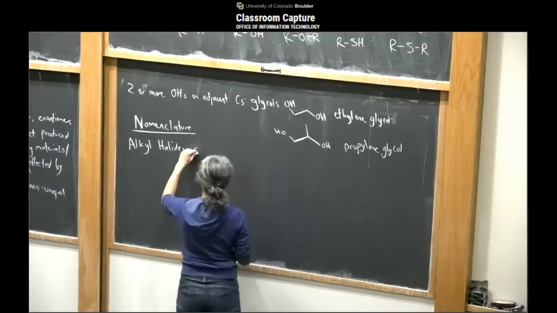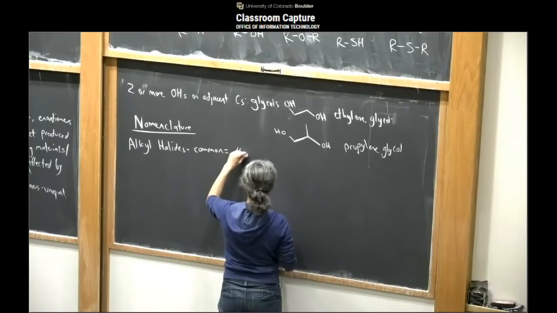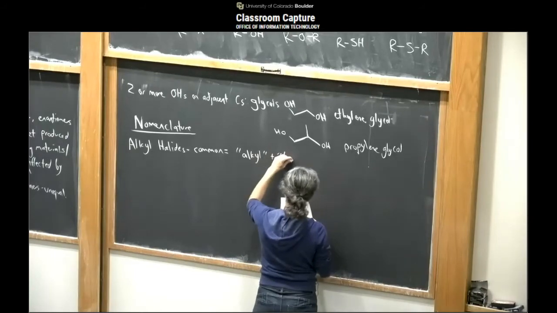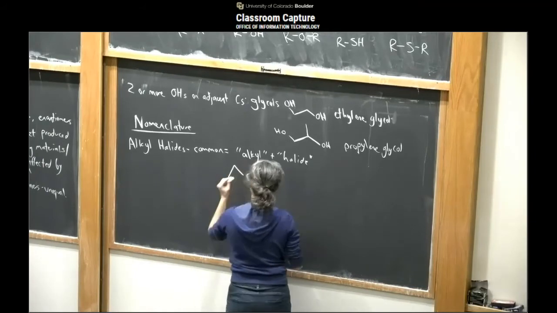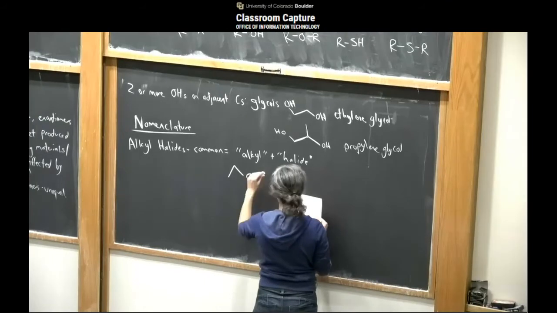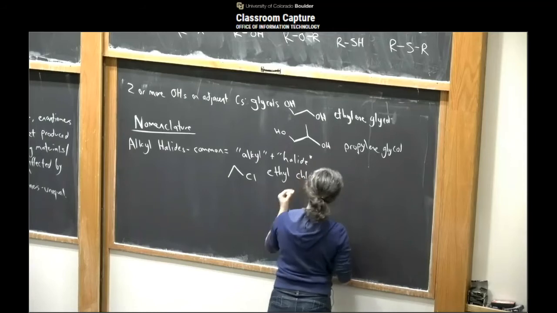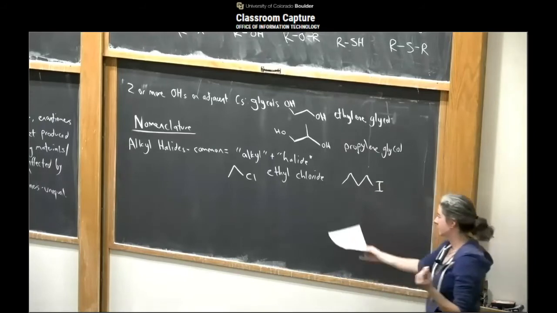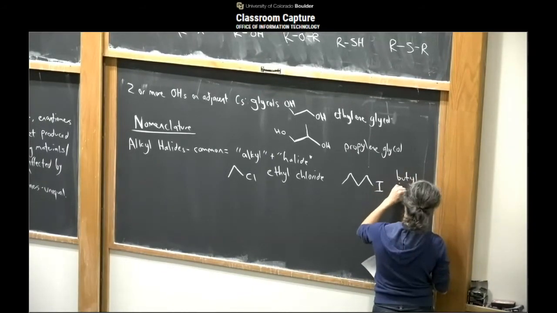So the common name is whatever the alkyl group is plus whatever the halide is. For example, this one, the alkyl group is ethyl, the halogen is chloride, so ethyl chloride. This one, it's got a butyl group and an iodide, so butyl iodide.